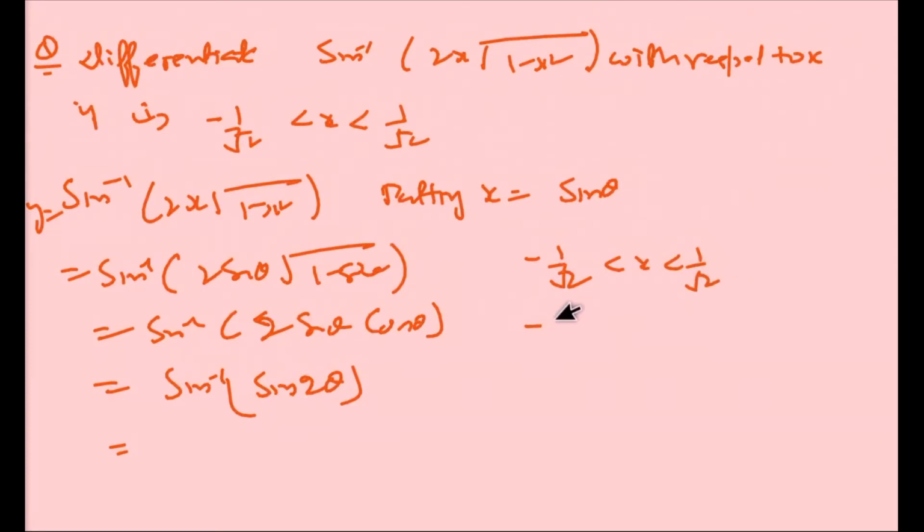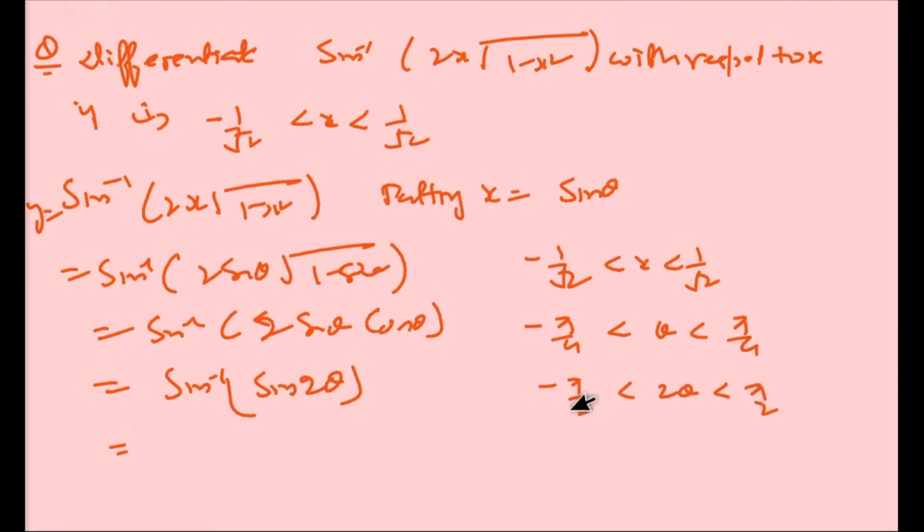We can write here minus pi by 4 less than theta less than pi by 4. But our range is minus pi by 2 to pi by 2. So multiplying by 2 here we can say minus pi by 2 less than 2 theta less than pi by 2.